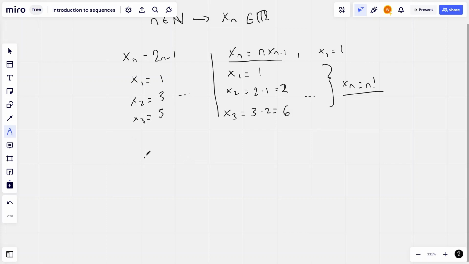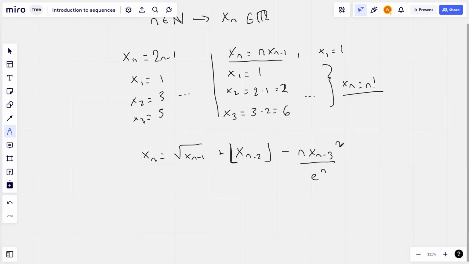So for example, if we have something like xn equals the square root of xn minus 1 plus xn minus 2, floor of this, minus xn minus 3n over e to the n.